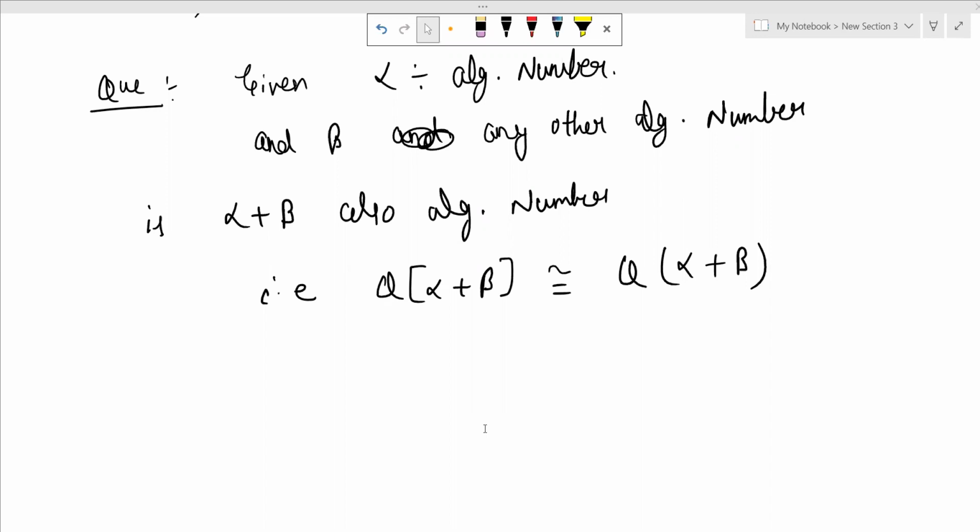I think it is not true. Why is it not true? You proved it for beta equals 1, alpha plus 1. When beta is 1, you proved that alpha plus 1 is an algebraic number. I am just asking for any algebraic number beta.